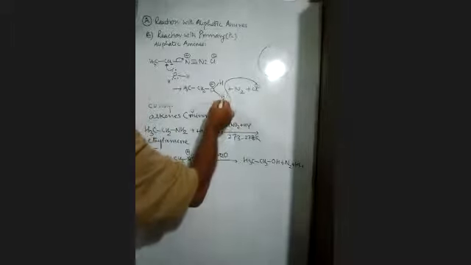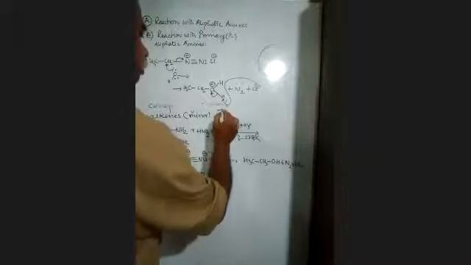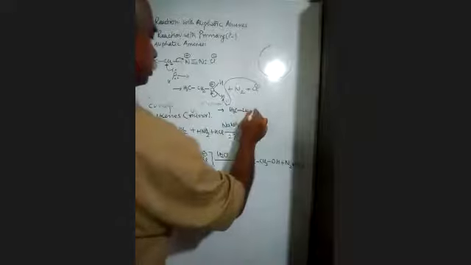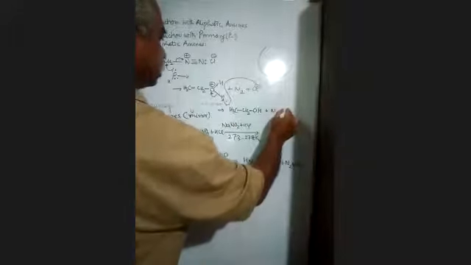To get neutralized, chloride takes this, because chloride is the conjugate base of HCl. So ultimately, what are we going to get? CH3CH2OH, N2 plus HCl.